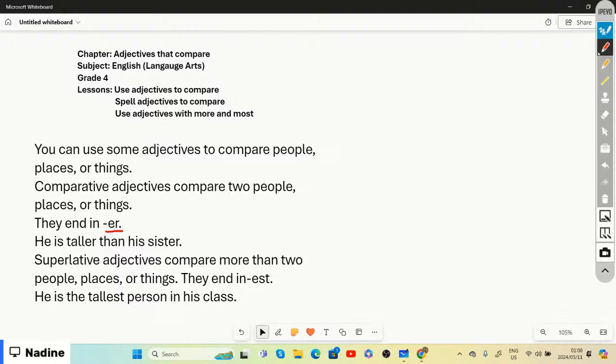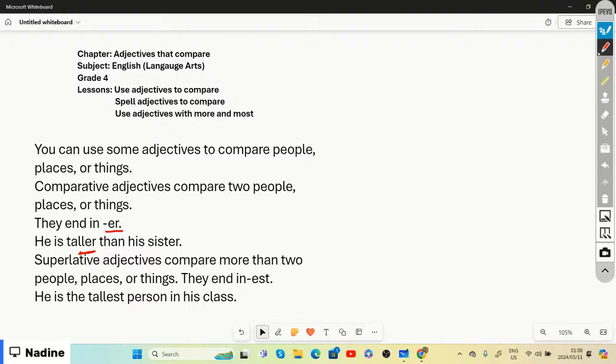And here's an example. It says he is taller than his sister, which means that he is tall, yes. But if we compare him to his sister, he is taller, and we added an er to show that. So he is taller than his sister.